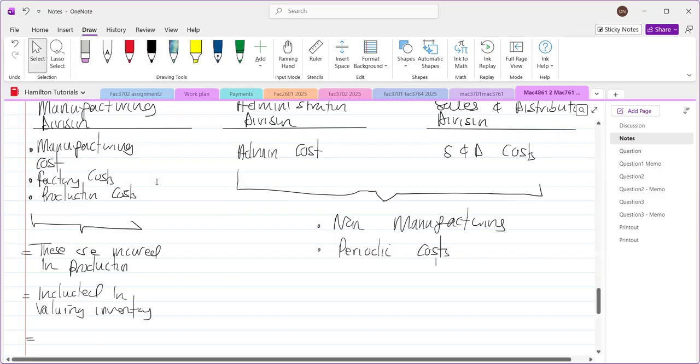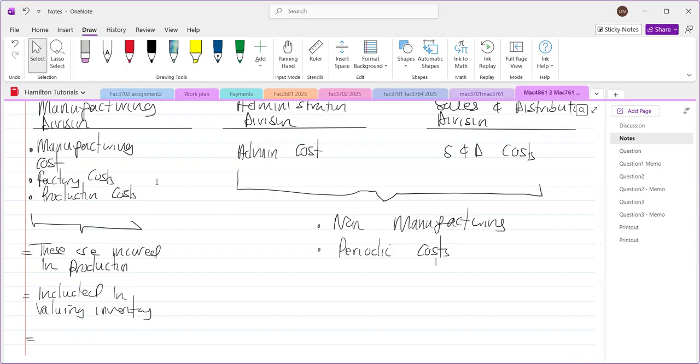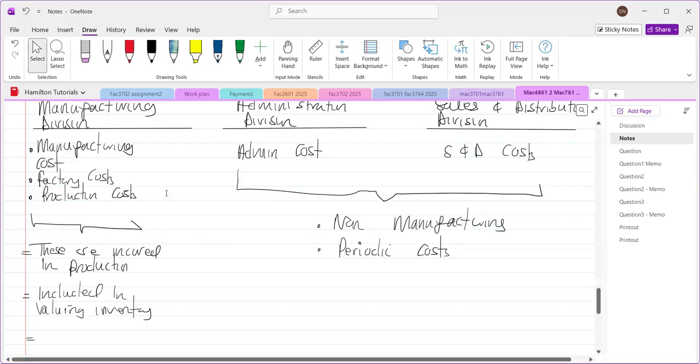Remember, when you are at this level, it's not all about calculations, it's application level. You need to show a greater understanding of things, and one way in which they examine that is a lot of theory. So small things such as definitions can actually be a problem in the exam. You need to be very clear. So periodic costs are non-manufacturing costs.